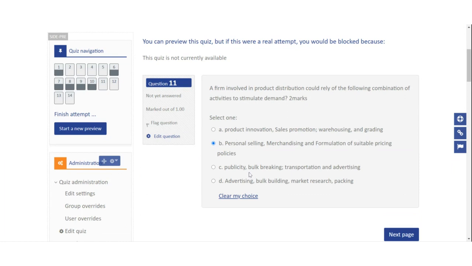Publicity, bulk breaking, transportation are not meant to stimulate demand. They are meant to manage the product and bring it to consumers. Advertising, bulk building, market research are not for stimulating demand. For stimulating demand is personal selling, merchandising, and coming up with a good price.